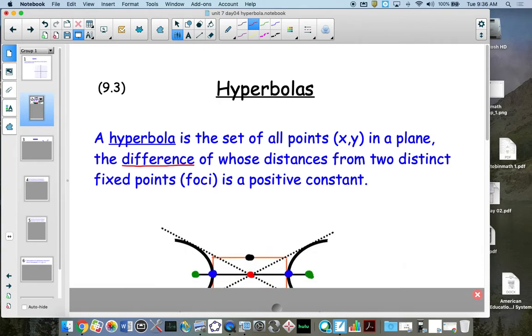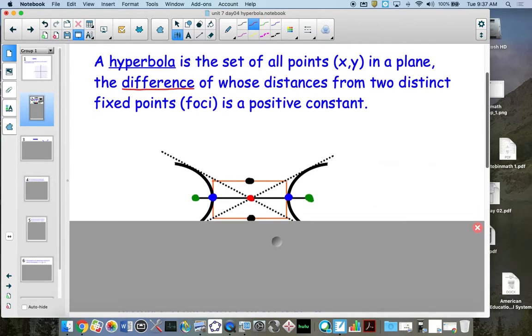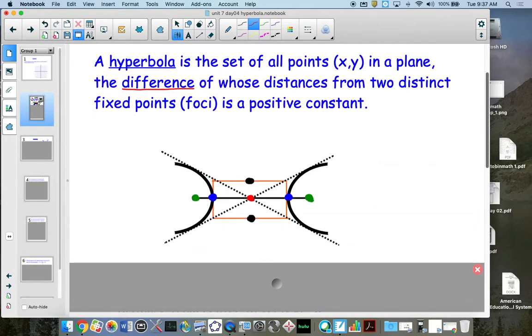So let's take a look at what our picture is. This is going to be a pretty complicated picture, so it's really important that you familiarize yourself with all the names of how we label everything. The actual hyperbola kind of looks like two pieces of an ellipse. Let me trace over this.